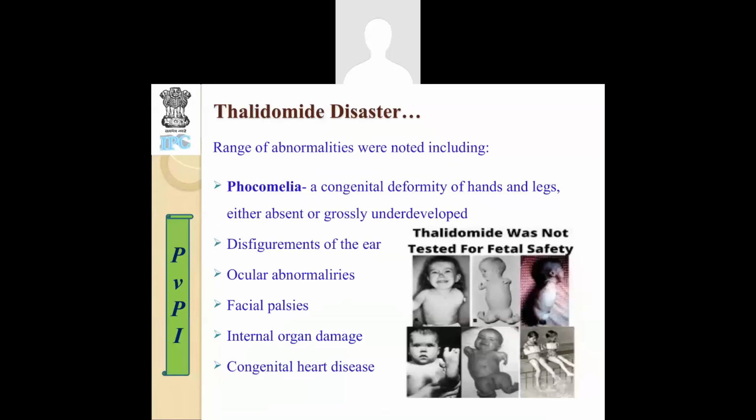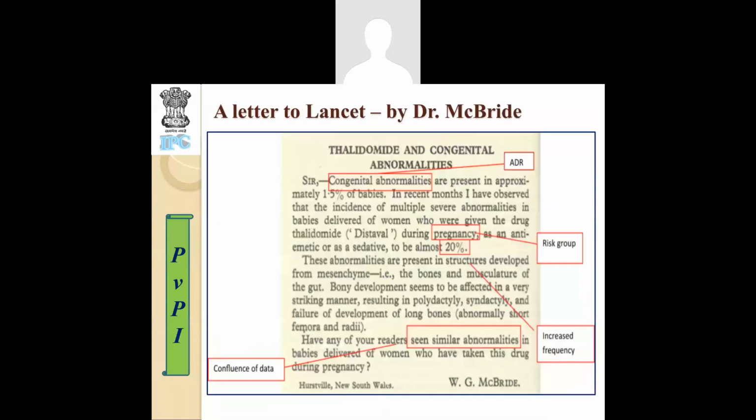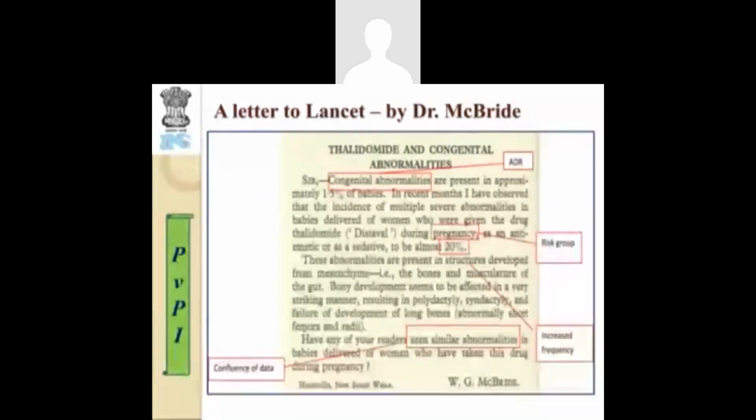So what happened after seeing these many victims? One doctor, Dr. McBride, wrote a letter to The Lancet that these many patients had been found, pregnant ladies taking thalidomide whose babies were born with phocomelia as a congenital anomaly.